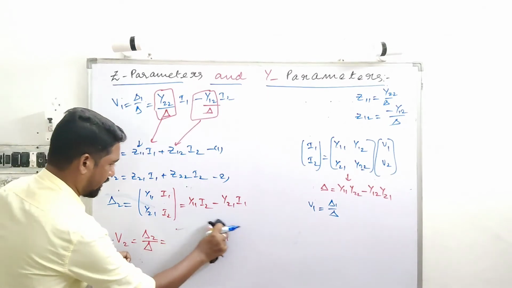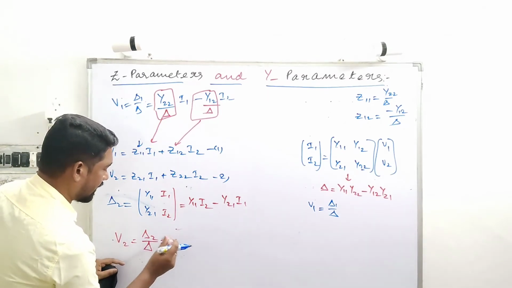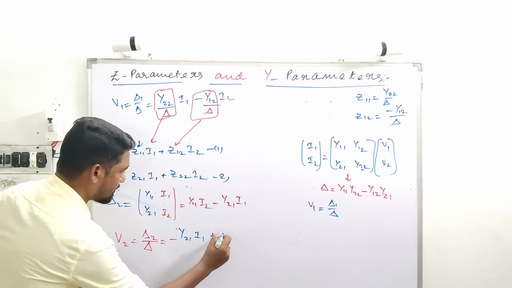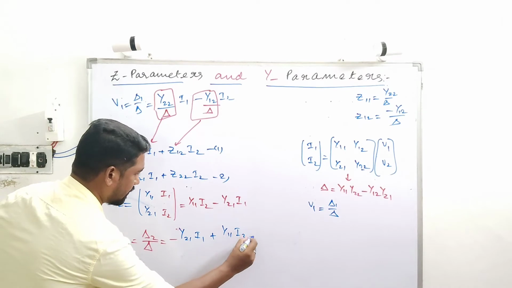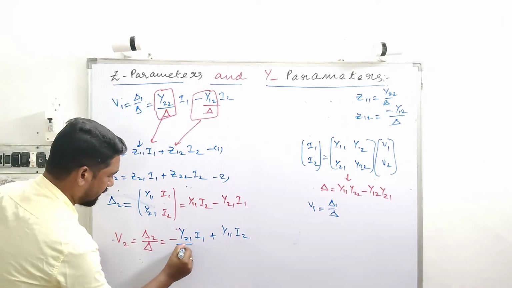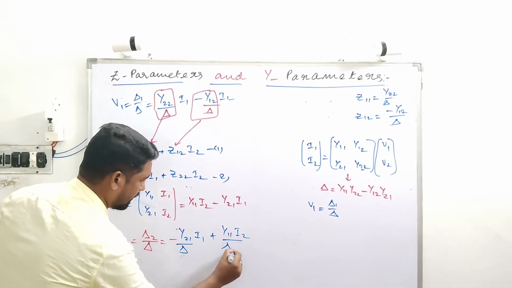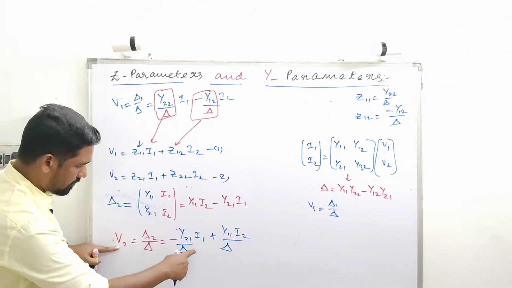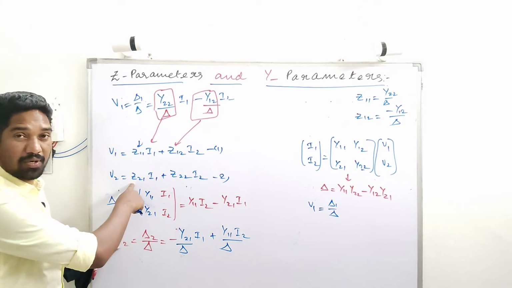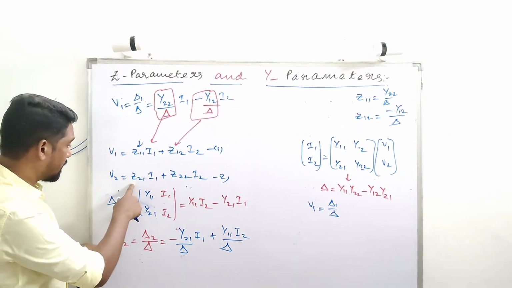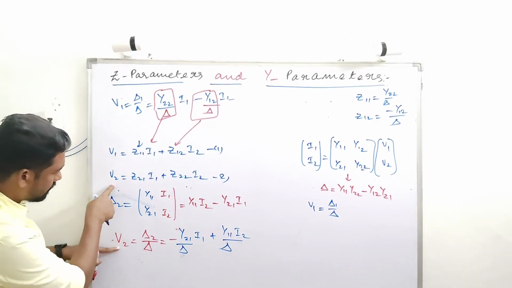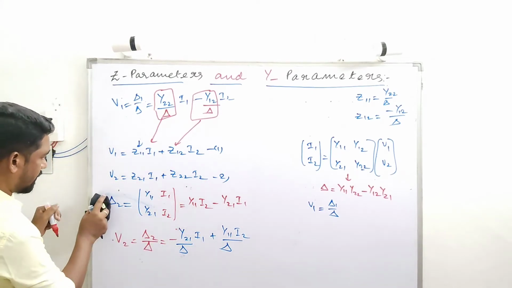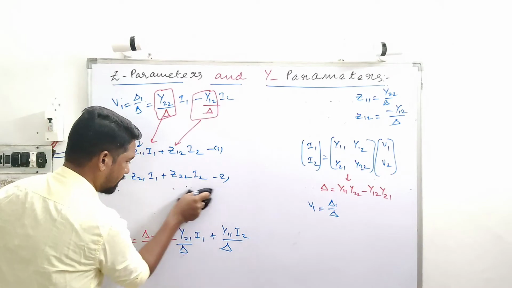Let's write it in order: negative Y21 I1 plus Y11 I2, by del. Very much similar. Once again, comparing this expression for V2 with the standard describing equations for Z parameters, where we have V2, I1, I2, this will be the result. I'm erasing this to give the comparison over here.